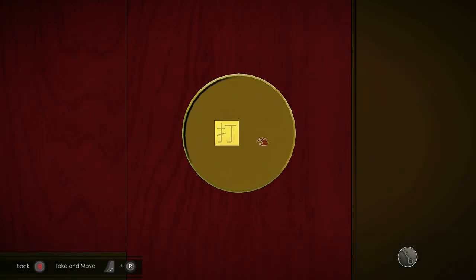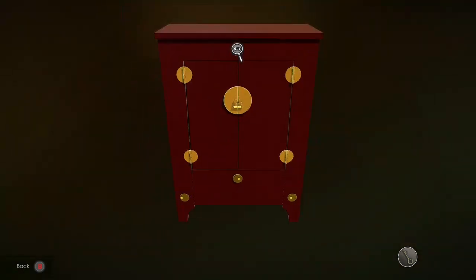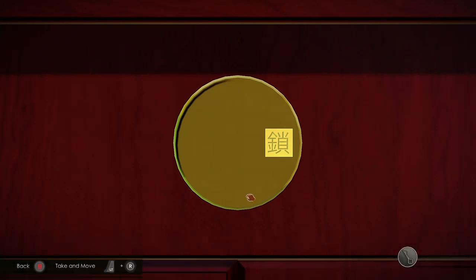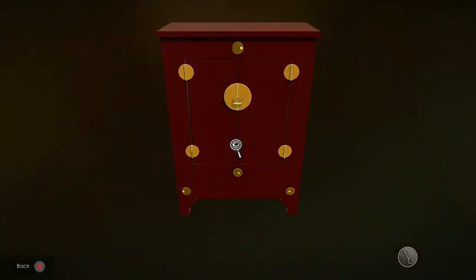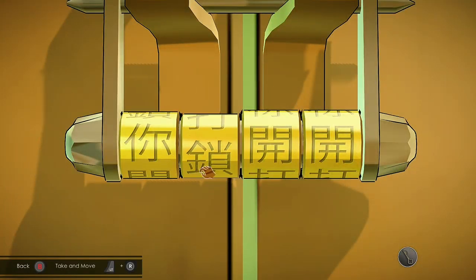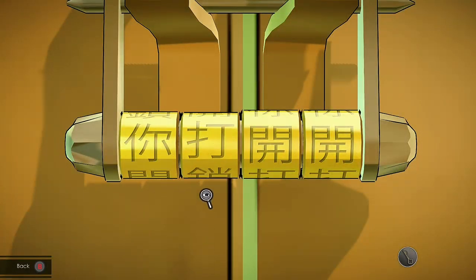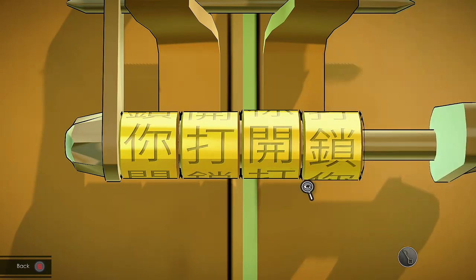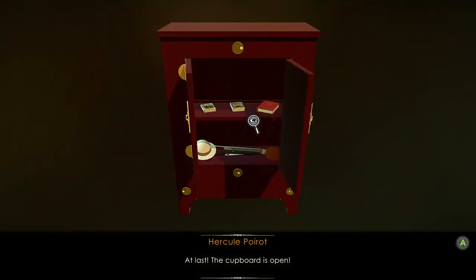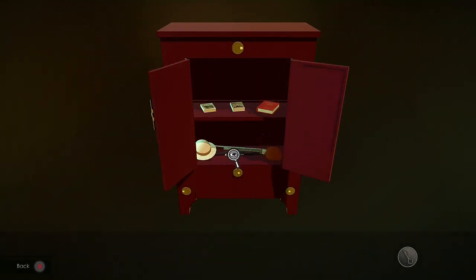So it's the letter T. That one. There we go. At last, the cupboard is open.